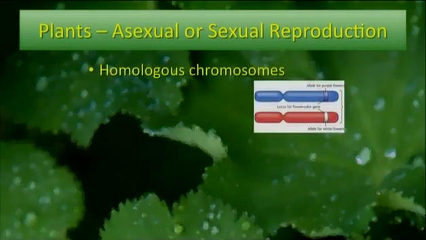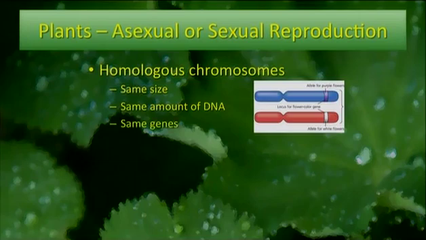One chromosome from dad might match one chromosome from mom, having the same genes and being the same size. These are called homologous chromosomes. They have the same amount of DNA and the same genes at the same locations.